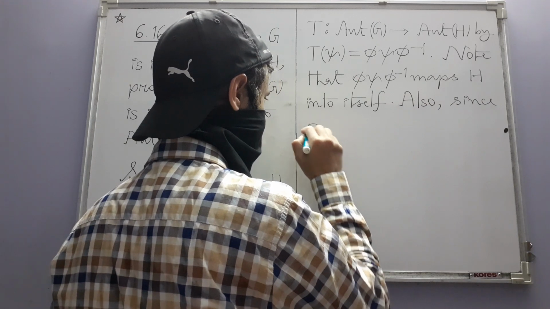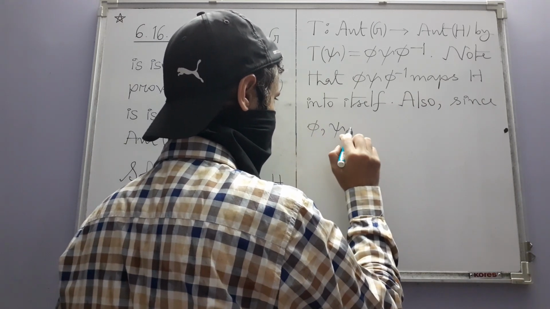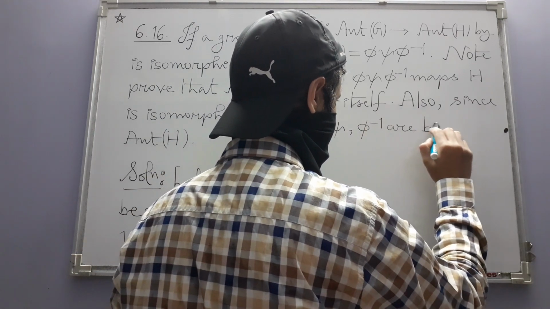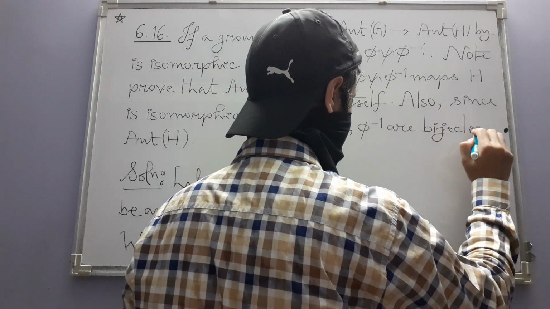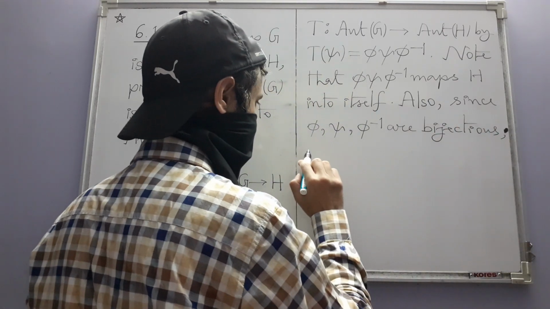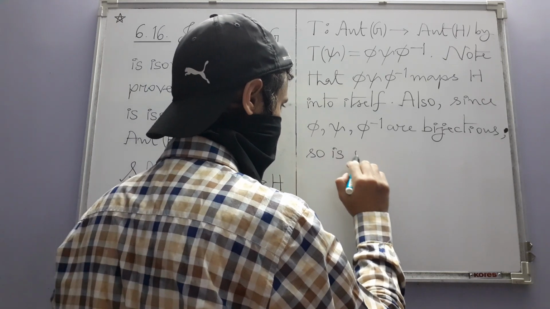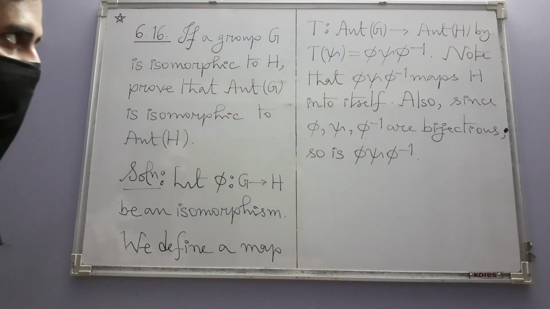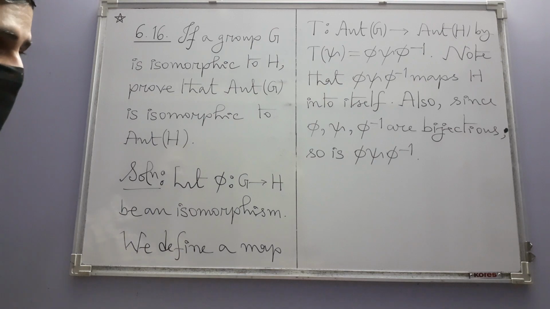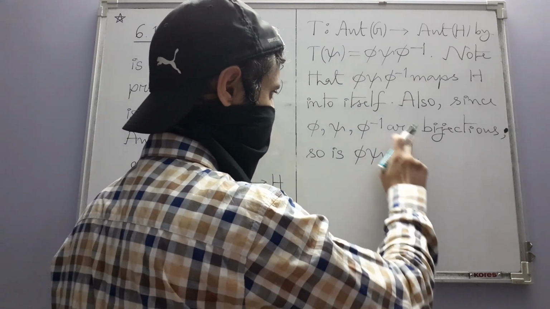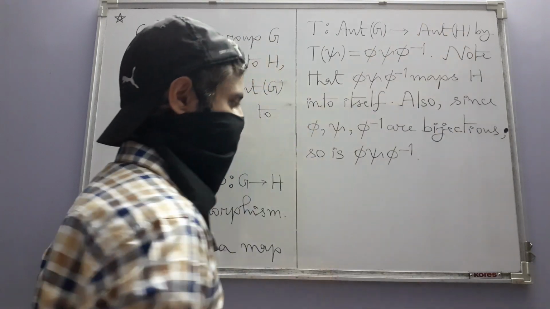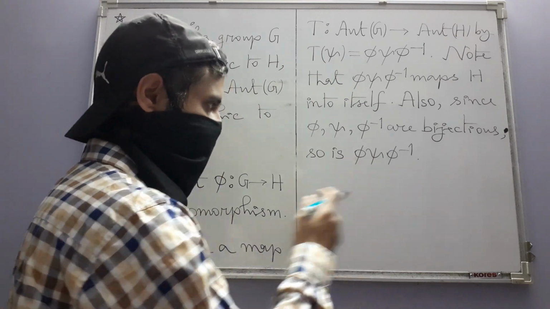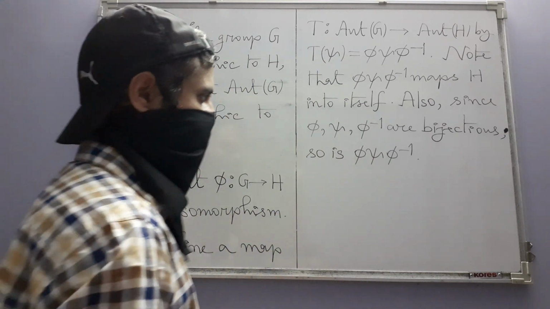Also, since phi, psi and phi inverse are bijections, so is phi psi phi inverse. Okay, so it's also a bijection, but still we are not able to say that this function belongs to the automorphism group of H, because that one extra condition also has to be verified, that is, it respects the binary operation in H.